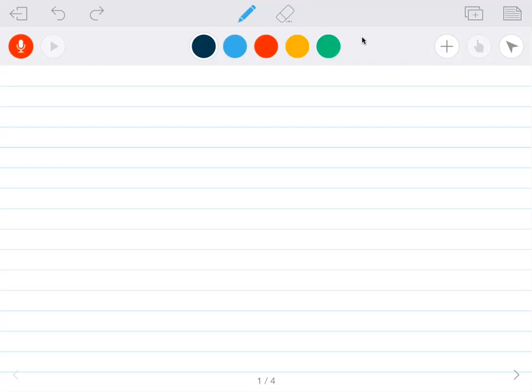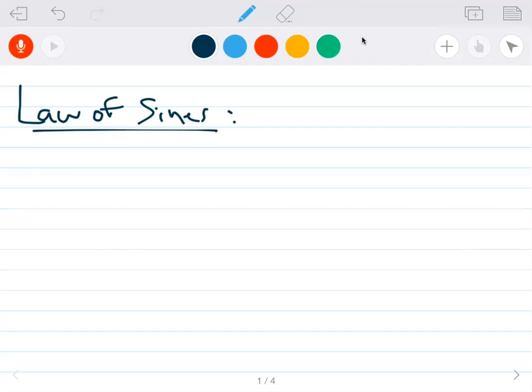And we want to recall what those two laws are. So the first one is the law of sines. That is what we covered first. And then second, we've got the law of cosines.